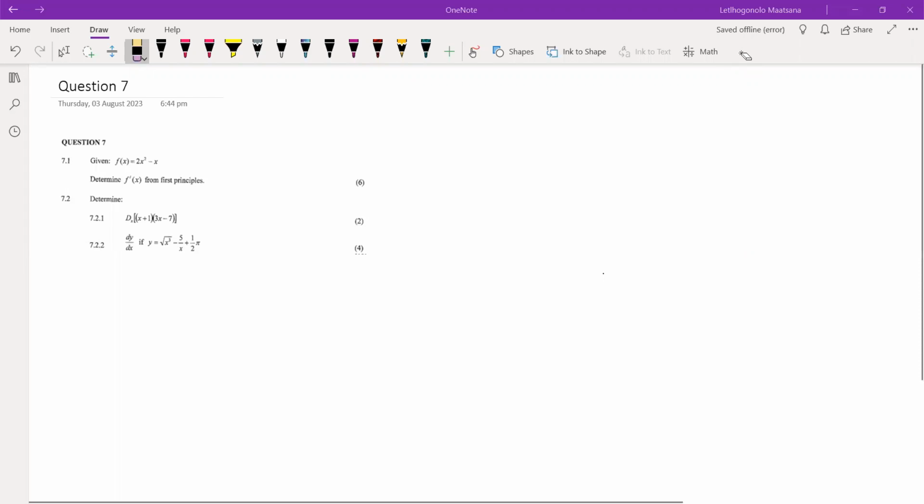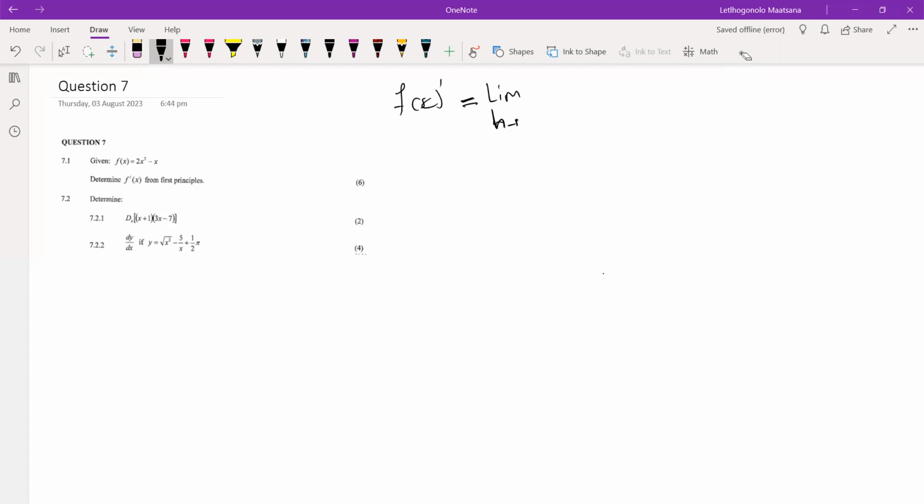By the top part, I mean, we know that f'(x), the derivative of f(x) with regards to the first principle, we have an equation that says the limit as h approaches 0 of [f(x + h) − f(x)] over h.